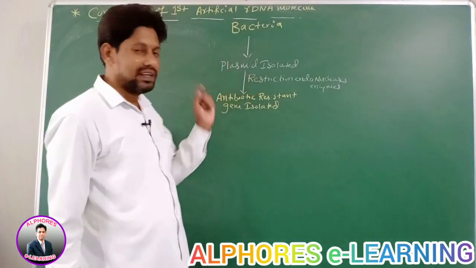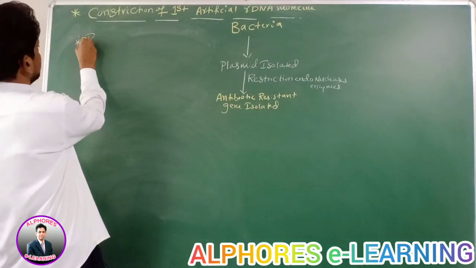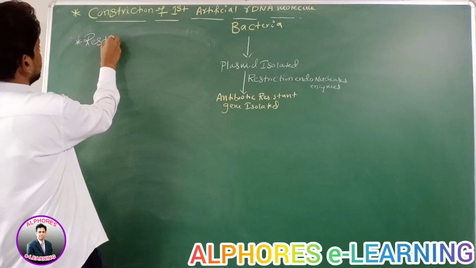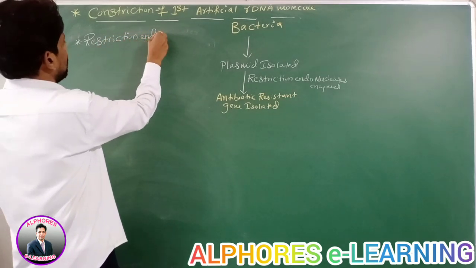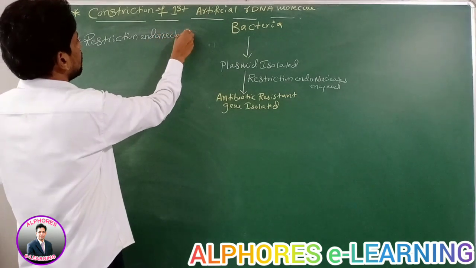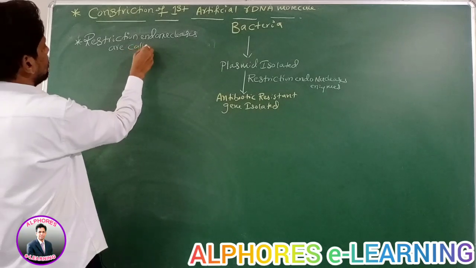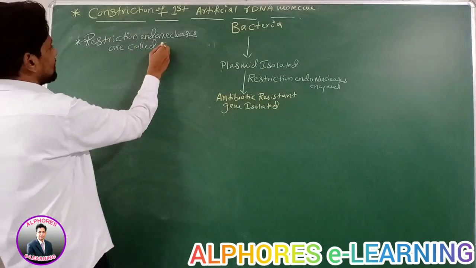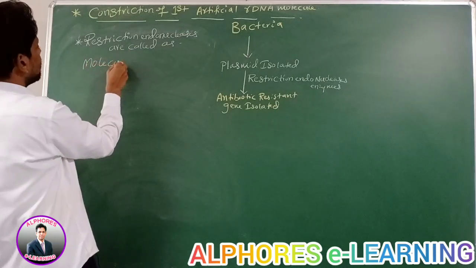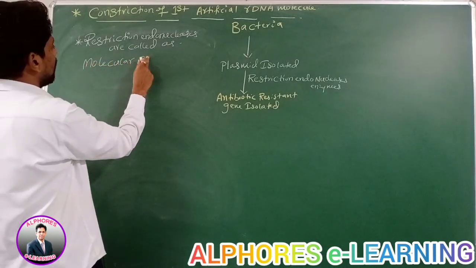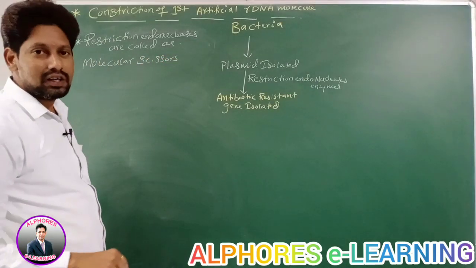Restriction endonucleases are also called molecular scissors.